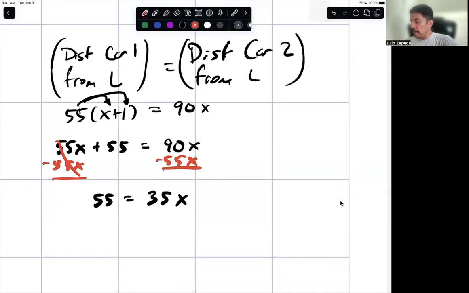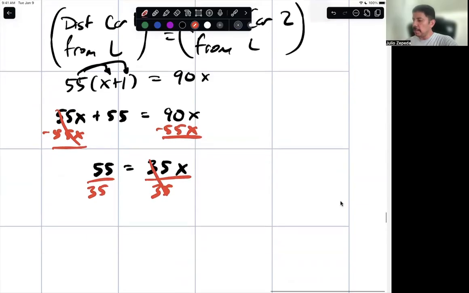And so now we can divide by 35 on both sides. We can reduce. Both of these numbers are divisible by 5. So we divide by 5 on the top and the bottom. And so we end up with 11 over 7 equals x.